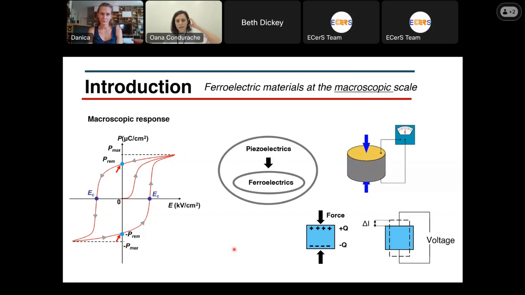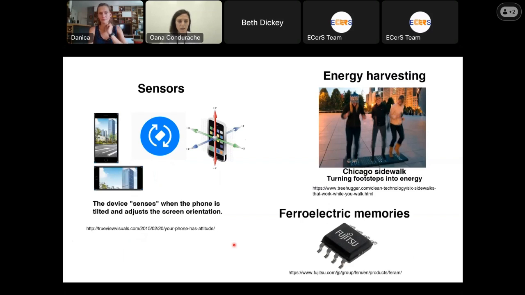Moreover, ferroelectrics are a class of piezoelectric materials, and in fact they are pretty good piezoelectrics, so they can efficiently convert mechanical energy into electrical energy and vice versa. All this functional response is the basis of a large number of applications.